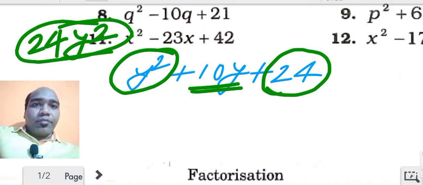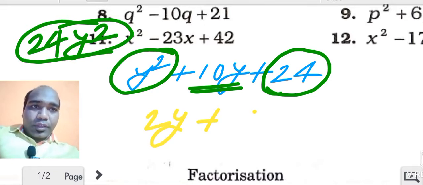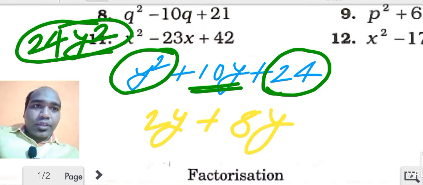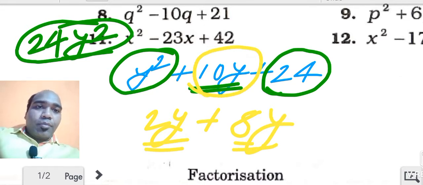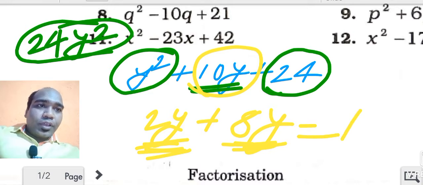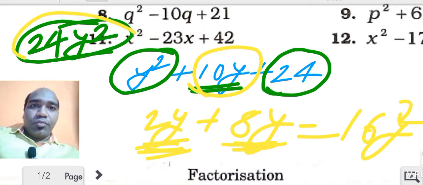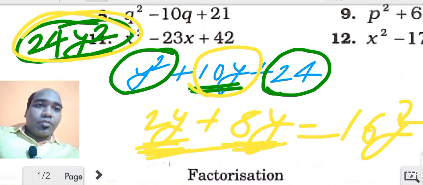10y can be split in another way also. In what way can we split? 2y plus 8y. Okay, 2y plus 8y will give this 10y. But if we multiply 8y into 2y, how much will we get? We'll get 16y square, which is not equal to 24y square. So this way also we will not take.